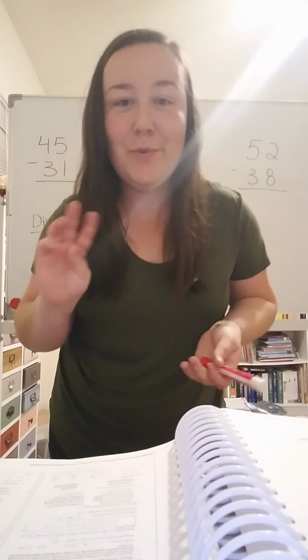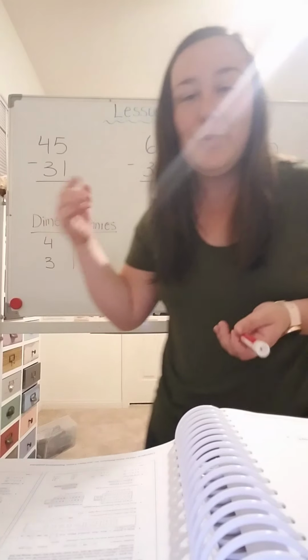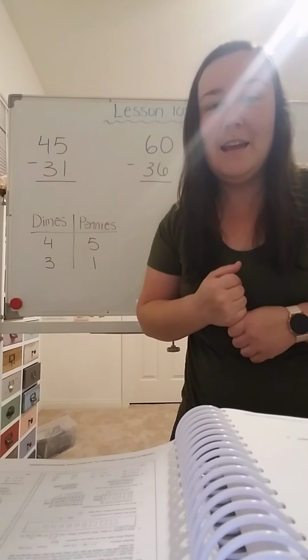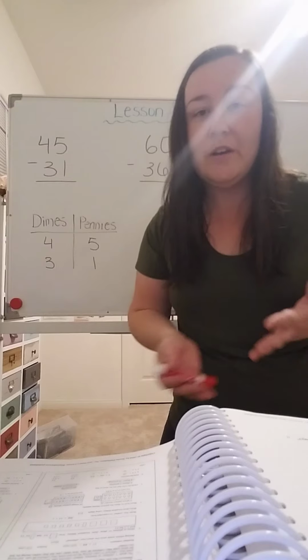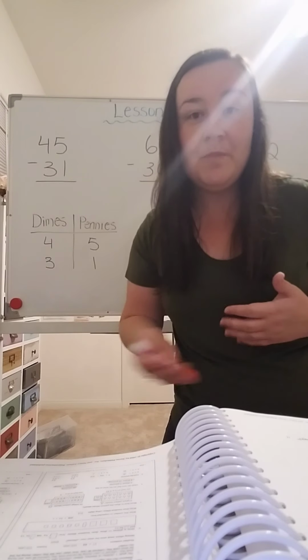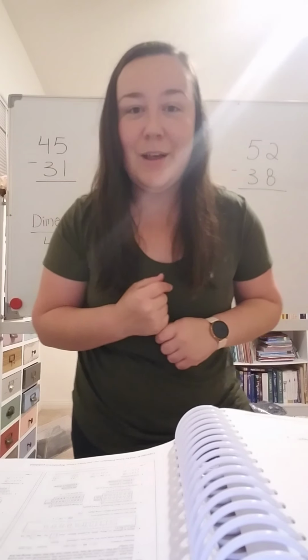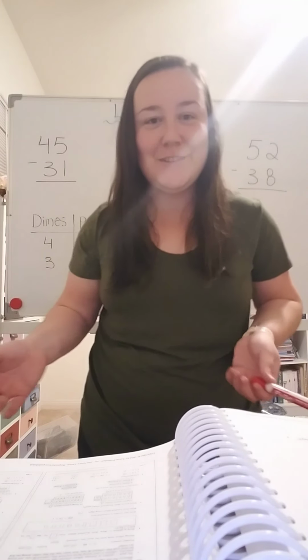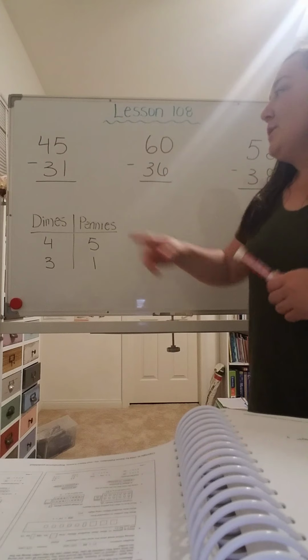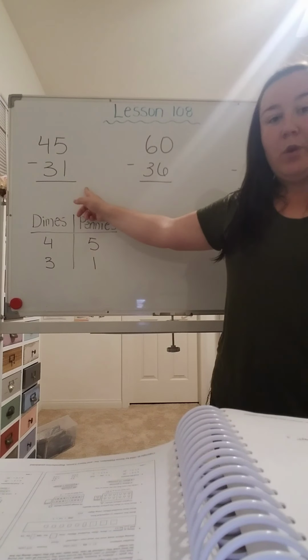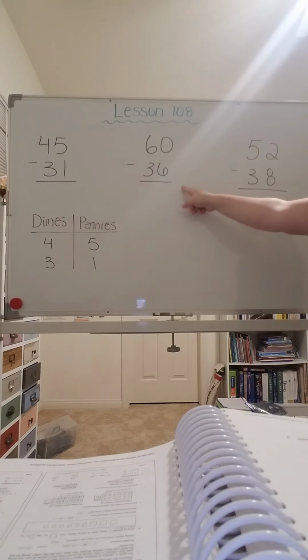I have 3 examples on the board that I'm going to explain. If you have any questions or thought I went a little bit fast, please email me or leave a comment in Google Classroom and I'll be happy to help you. So let's start. We have 45 minus 31, 60 minus 36, and 52 minus 38.